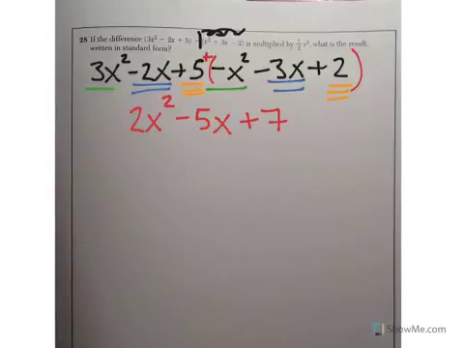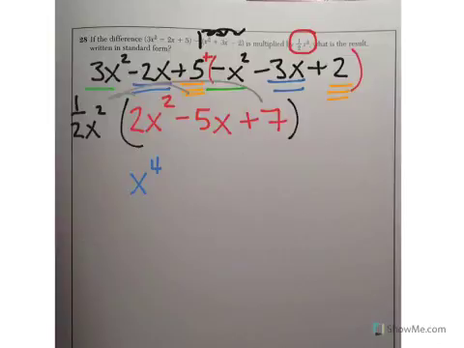I have to multiply the result by 1/2 x squared. So all I'm going to do is put this in parentheses, and out in front, I'm going to write 1/2 x squared, and now I just have to distribute to every single term. So when I do that, I will end up with x to the 4th, okay, because 1/2 times 2 is just 1, so if you wanted to write a 1 in front of x to the 4th, that's fine.